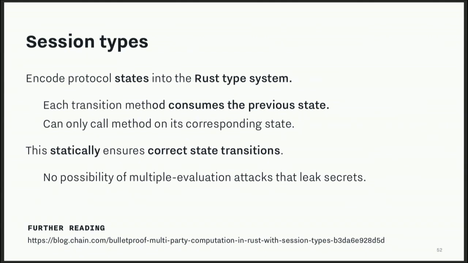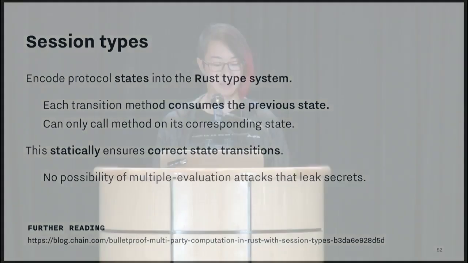This statically ensures correct state transitions, so you eliminate the possibility of multiple evaluation attacks. We implemented this for range proofs, and it's also possible to use this approach to do aggregated constraint system proof construction. We wrote a little bit about that here, and this allows us to have even better performance than individual proofs on their own.